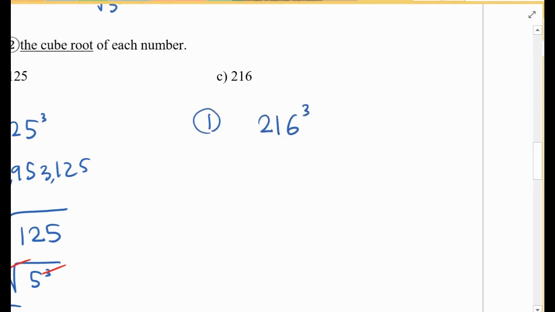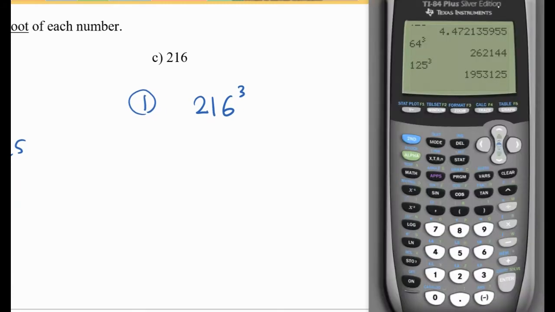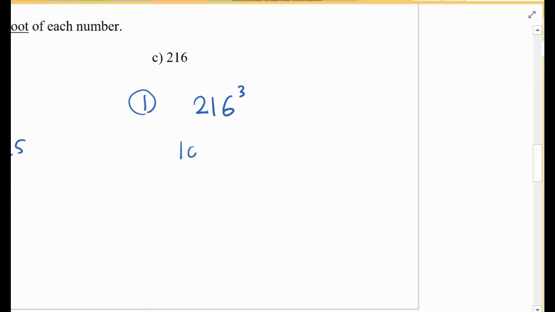216 cubed. 216 to the power of 3. Oh, that's a really big number. 10,077,696. And cube root of 216.